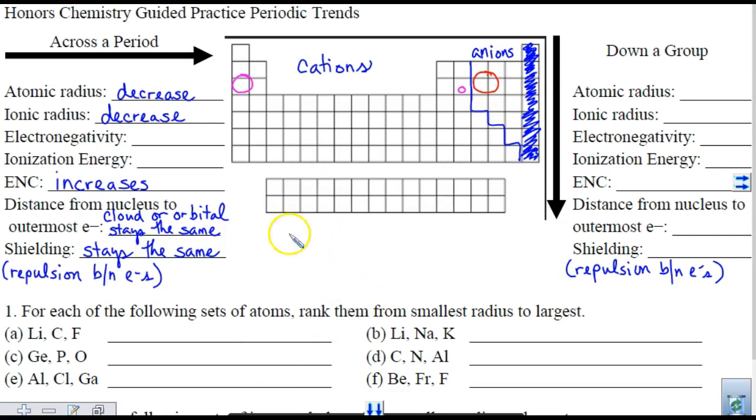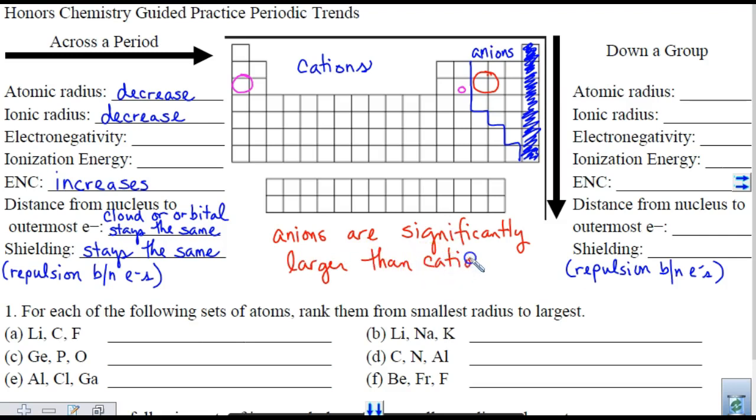So big thing to remember, that anions are significantly larger than cations. So don't get that confused when we're talking about atomic radius versus ionic radius. If you've got a charge on it, then you have to remember this. If it's a neutral atom, then you can just go by the fact that it decreases going all the way across.